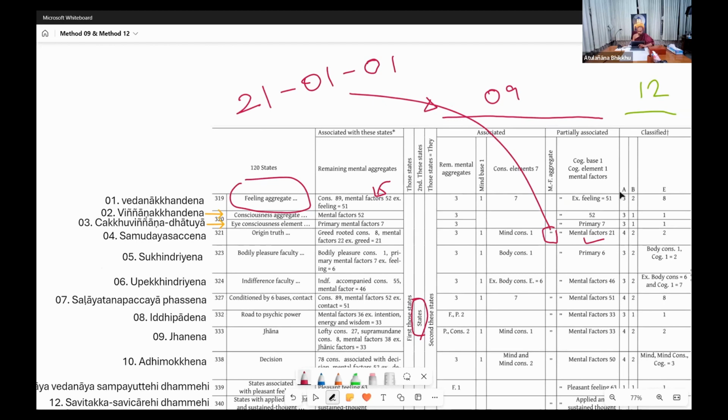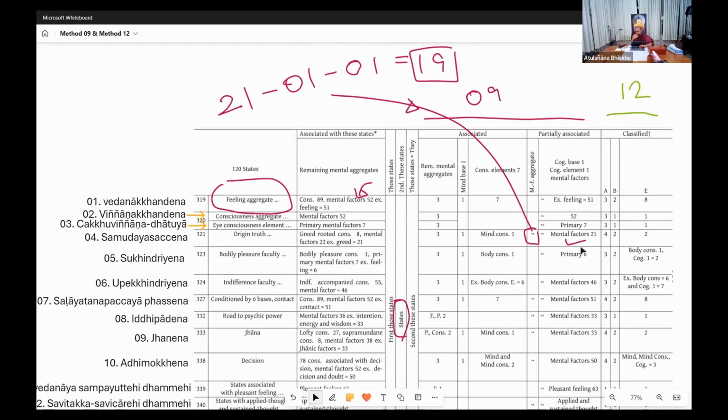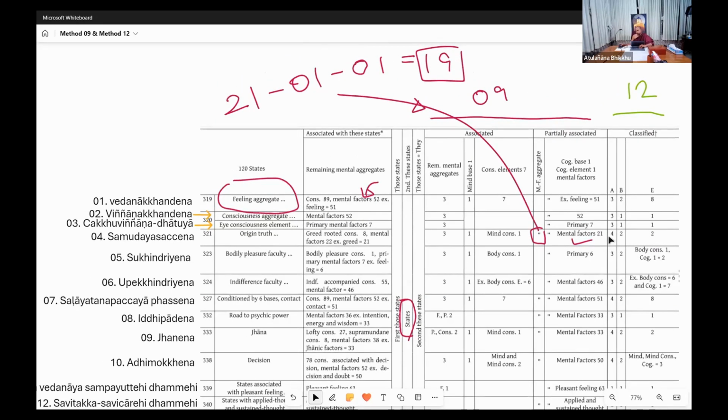The other mental factors are applicable here. So it becomes 19. The partial association for the Sankhara Khandha becomes 19 mental factors. But for the Dhammayatana and Dhammadhatu, the ideation base and ideation element, there are 21 mental factors applicable. So there's a slight difference here that you need to know.